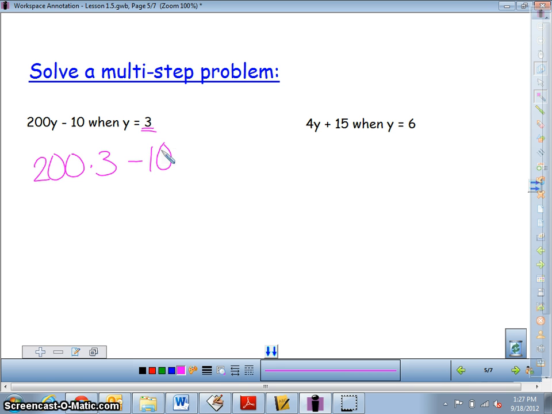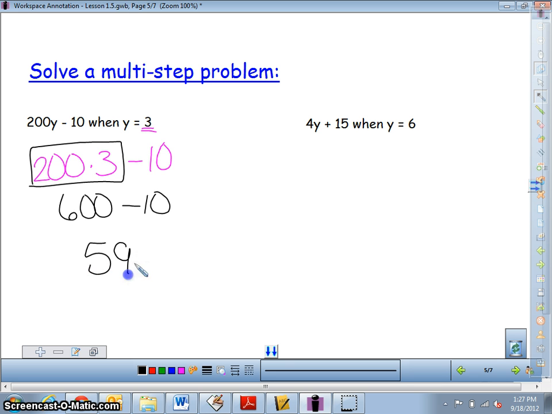No. Do I have any exponents? No. So then I'm on to multiplication and division. Do I have that? Yes. So I'm going to do this part first. 200 times 3, I know is 600. So now I've got 600 minus 10. That's my last operation. My answer is going to be 590.